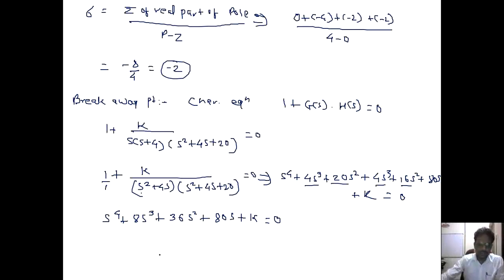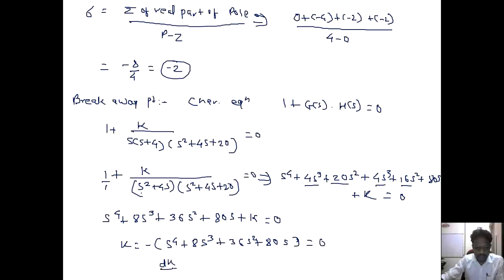Now for breakaway point, step number 2 is write the equation for the value of k. So k equal to minus of s raised to 4 plus 8s cube plus 36s square plus 80s. And lastly, differentiate the above equation and equate with 0.